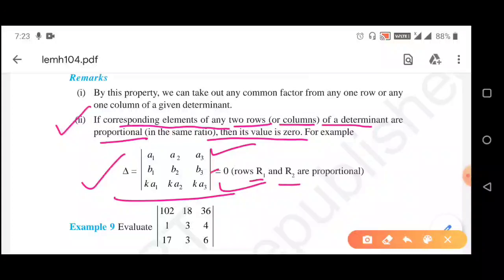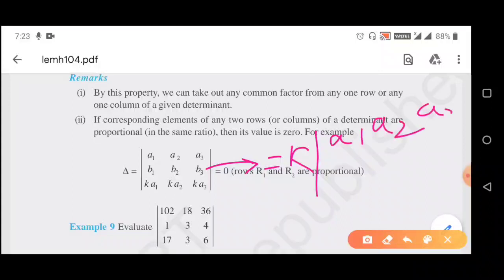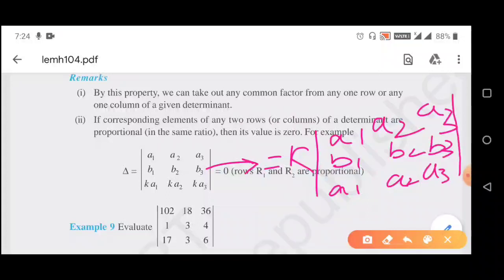Now see, from here using the first remark we can write it equal to K into the determinant with rows A1, A2, A3; B1, B2, B3; A1, A2, A3. Now see, this row 1 and row 3 are identical.